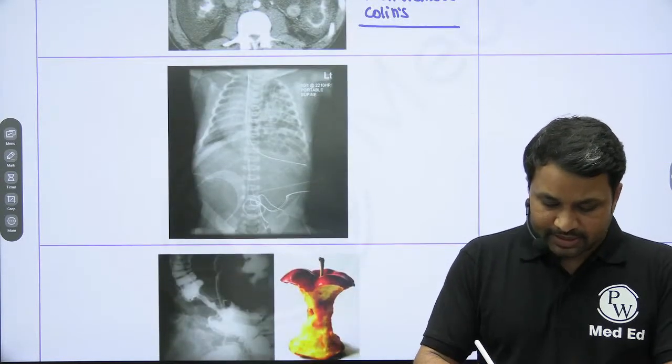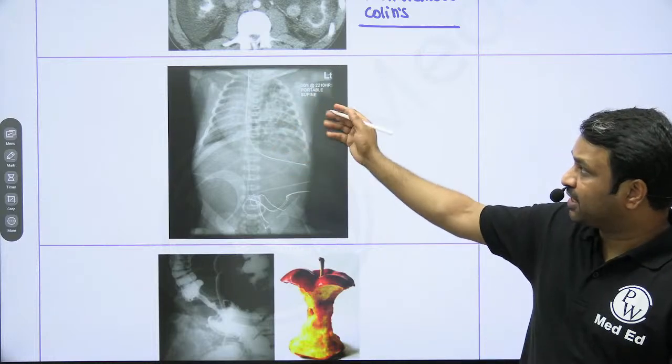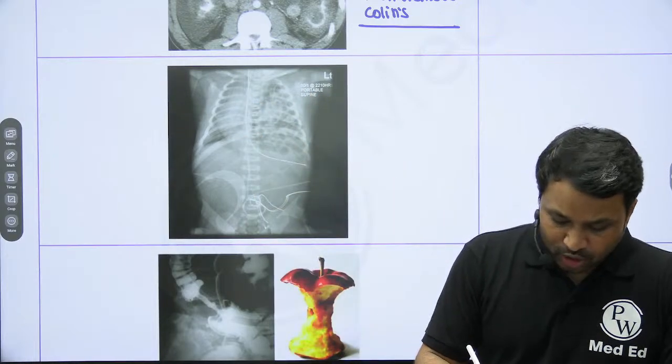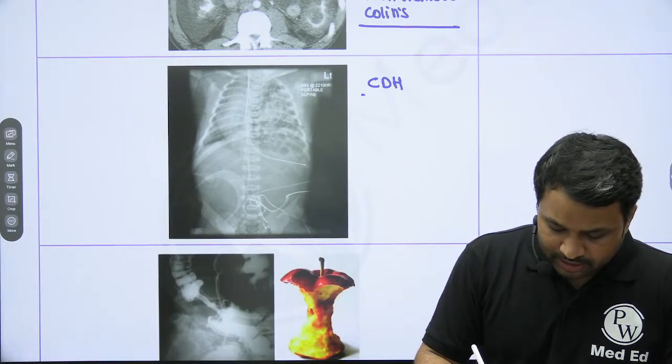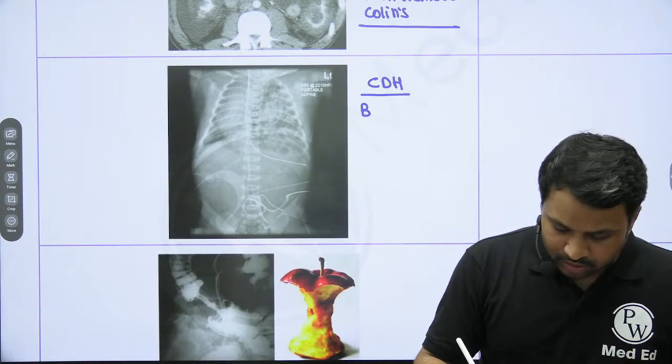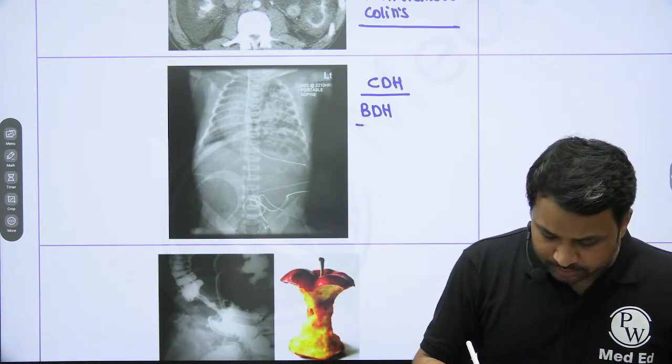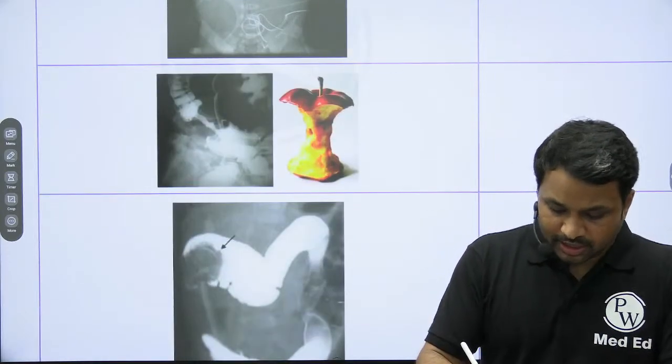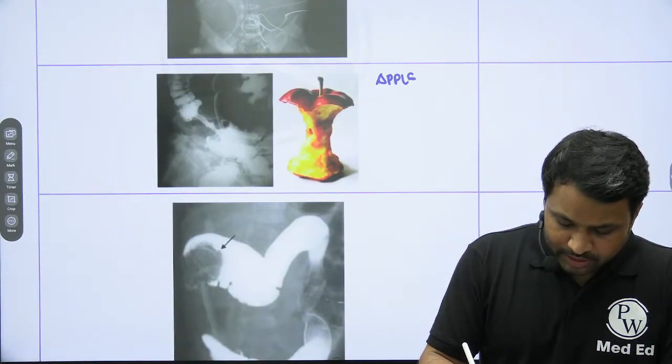Now here you can see the bowel is present in the left side, the mediastinal shift is there. This is your congenital diaphragmatic hernia, and this congenital diaphragmatic hernia is your Bochdalek hernia. Okay. Now this is your apple core sign, and you can see haustration is there.